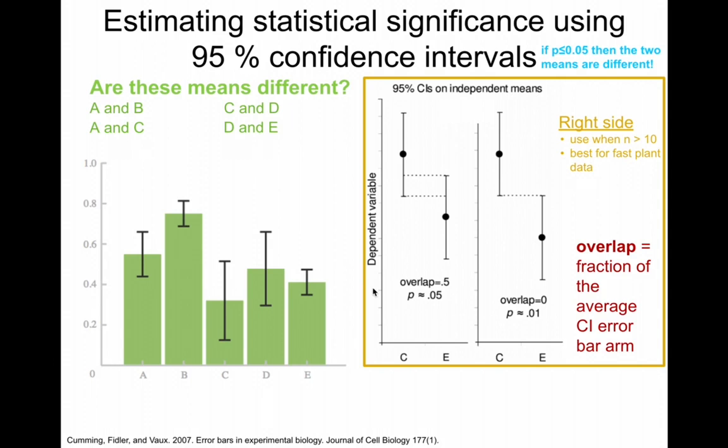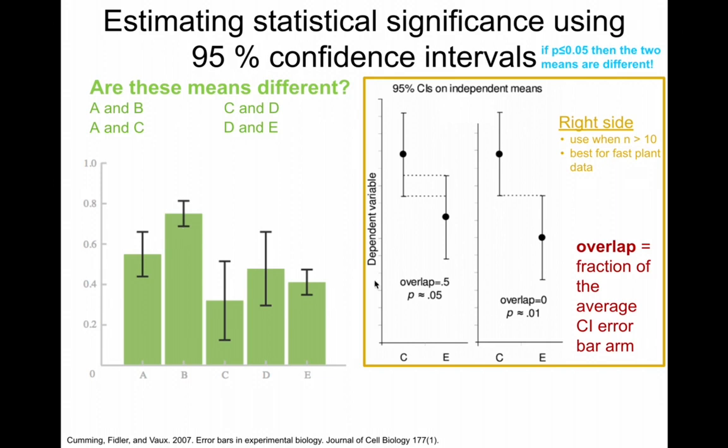So if we take a look at the error bar for A and the error bar for B, we can imagine lines going across to the two error bars, and we can pretty conclusively see that there is no overlap between these arms.